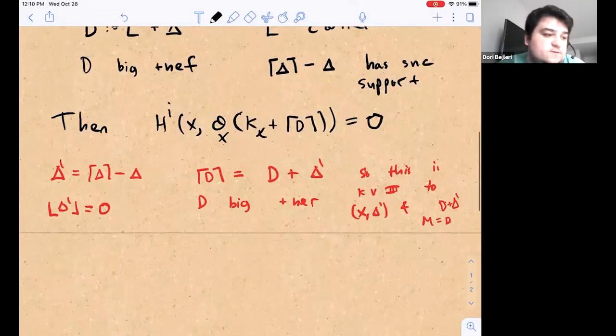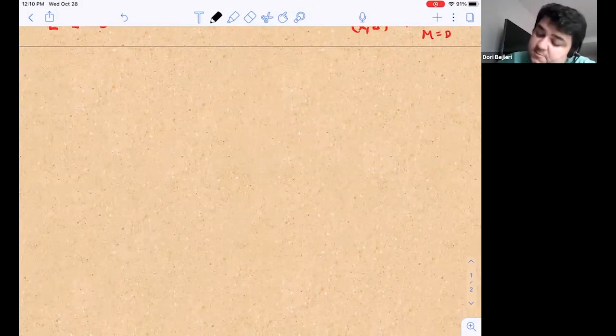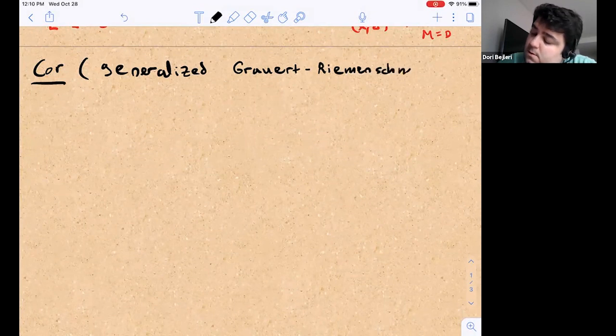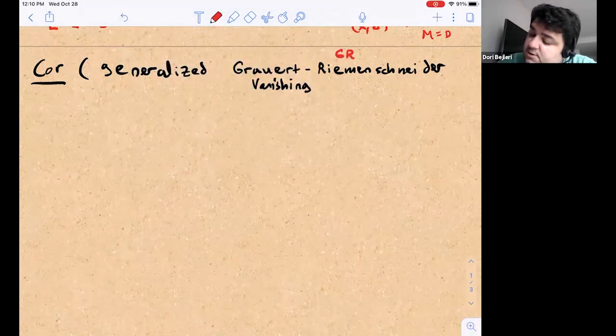So using KV3, we get a generalized version of Grauert-Riemenschneider vanishing, or at least generalized from the version that came up in the proof. So let me write that out as a corollary. And it's certainly not the most general version, but which I'll usually just abbreviate as GR vanishing.